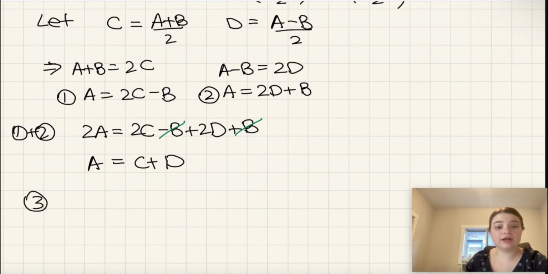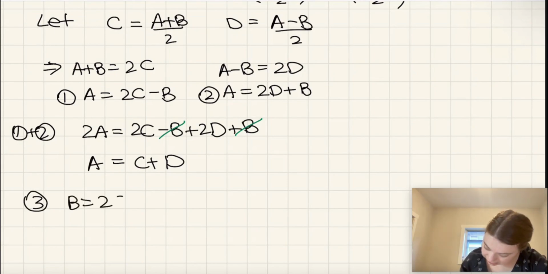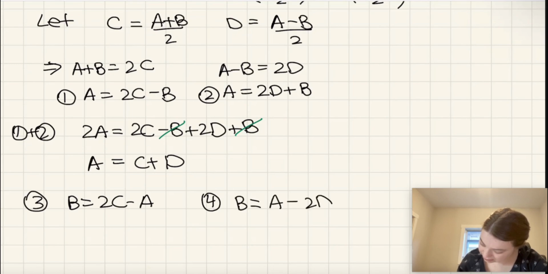So equation 3 is going to be equation 1 rewritten: B is equal to 2C minus A. And then 4 will just be a rewritten version of number 2, which is that B is equal to A minus 2D.